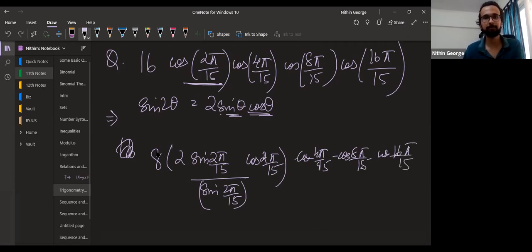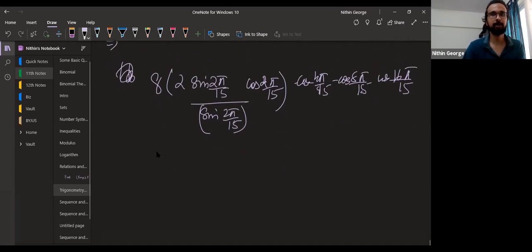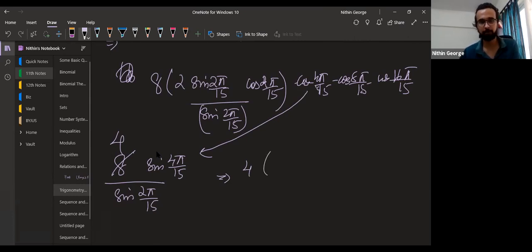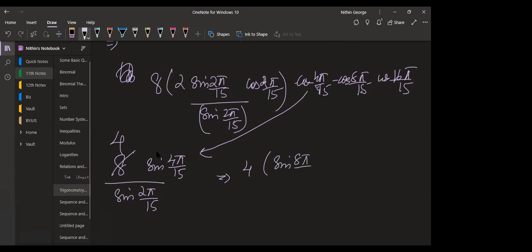What happens to this part inside the bracket? This becomes sine 4 pi by 15. You club it with the cos 4 pi by 15. You take a 2 out, this becomes 4. And then what do you get? 4 into this, and the 2 from here becomes 2 sine 4 pi by 15 cos 4 pi by 15, which is sine 8 pi by 15.